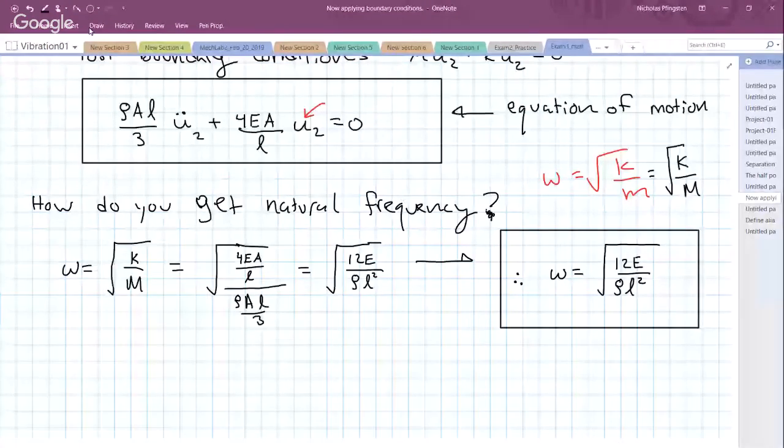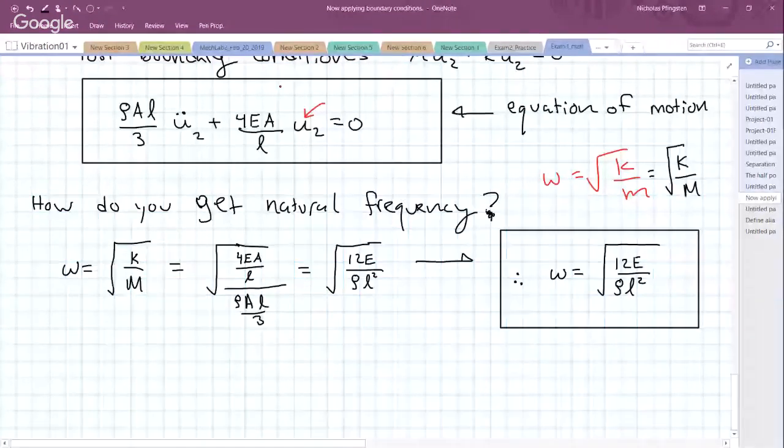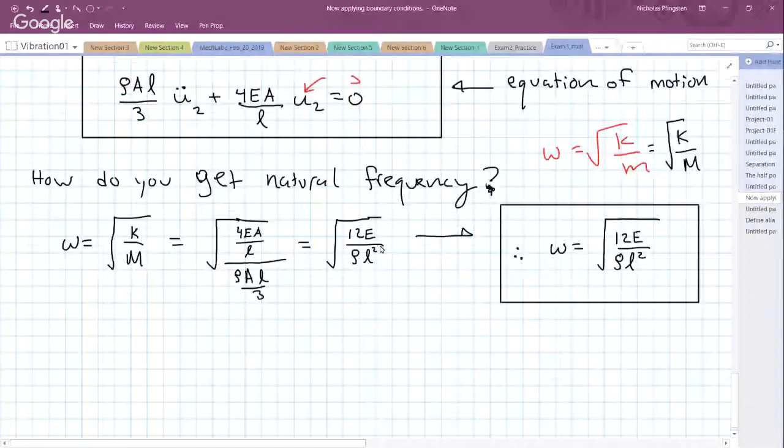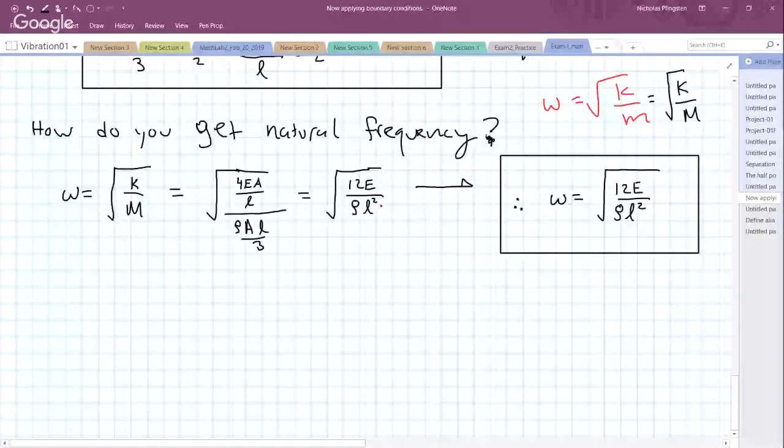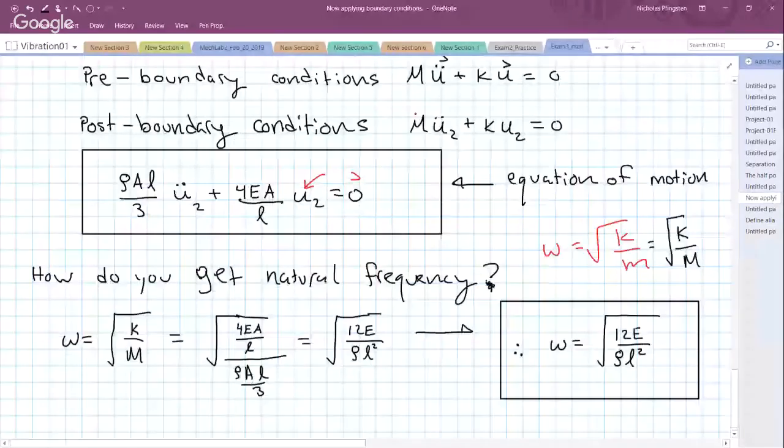All right? Any questions at all? I decided this problem zeroed out. All right. Any questions about this? Yep.